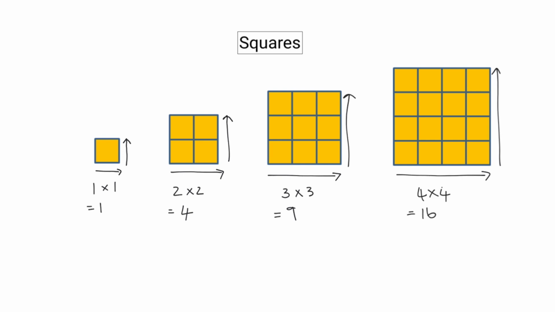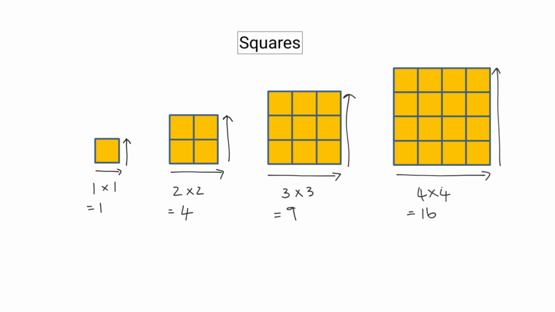Now these numbers, 1, 4, 9, and 16, are known as square numbers because if we draw them, they form squares, as we can see in these diagrams above. Now, any number multiplied by itself, as we can see what we did in these examples, will give us a square number.